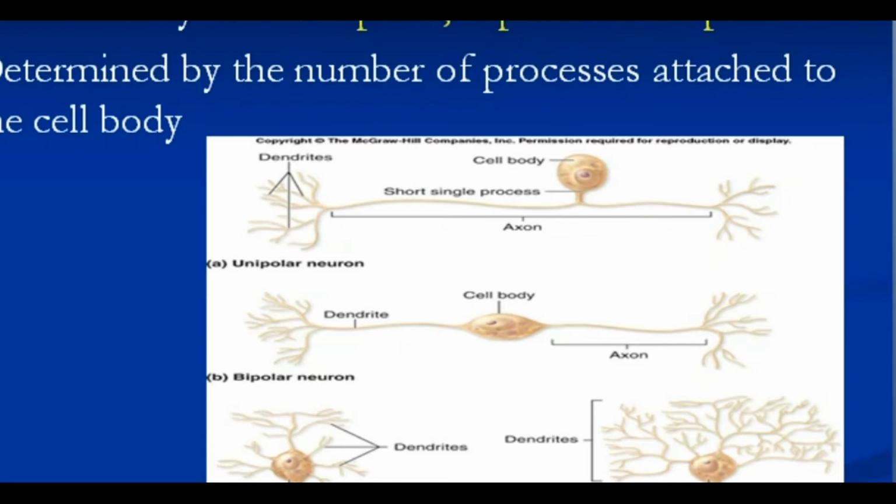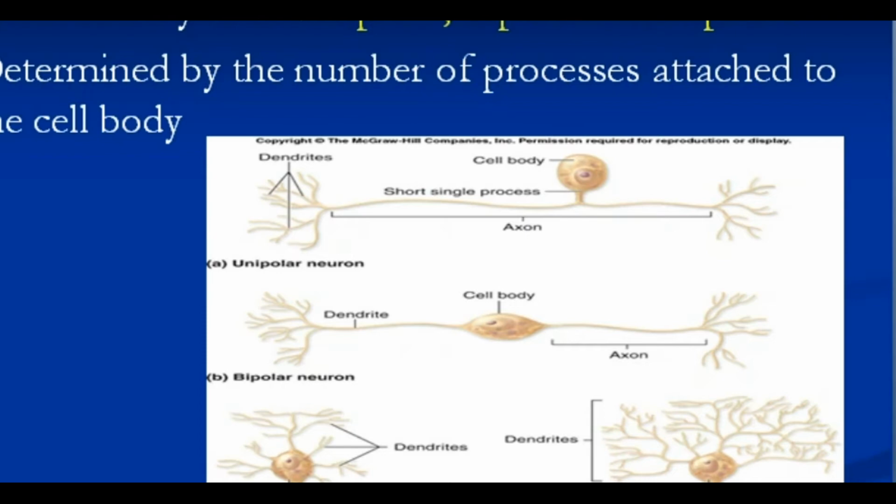Third type, bipolar neurons have one axon and one dendrite. Location: the cochlear and vestibular ganglia, olfactory neuroepithelium, and the retina. Fourth type, multipolar neurons have more than two processes, one process being the axon and the others dendrites.